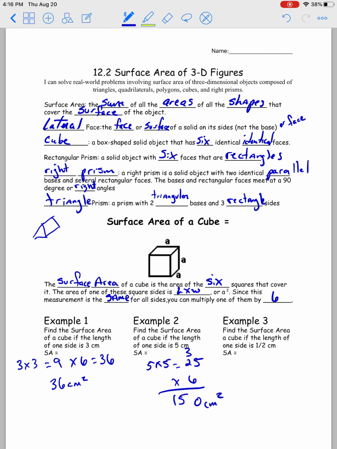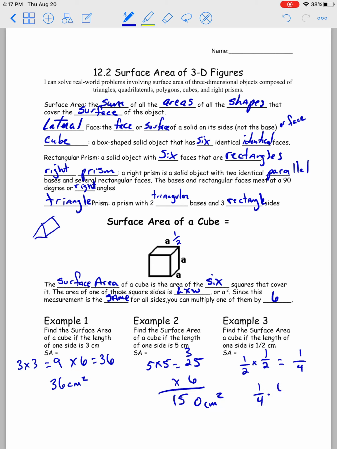Now, let's do one more. Find the surface area of a cube that has a length of 1/2 centimeter. Half of a centimeter. So we have 1/2 times 1/2, right? Length times width. So that's 1/4. Now, we've got to multiply that by 6, right?